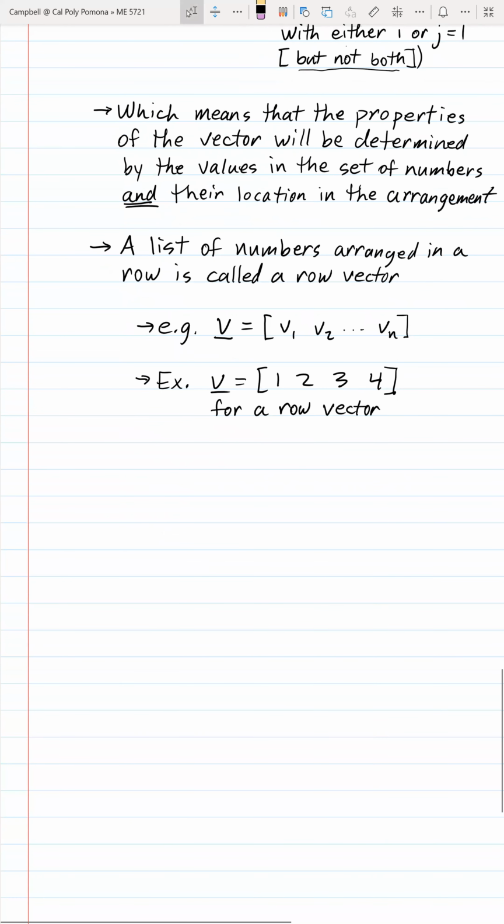Okay, so clearly, if we can arrange numbers along a horizontal line and call it a row, we can also arrange the entries along a vertical line, in which case the vector will be a column vector.